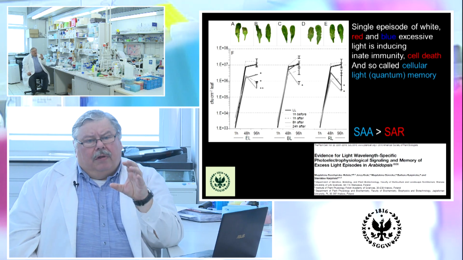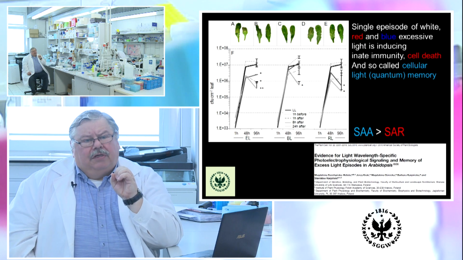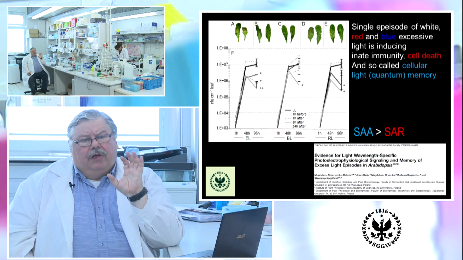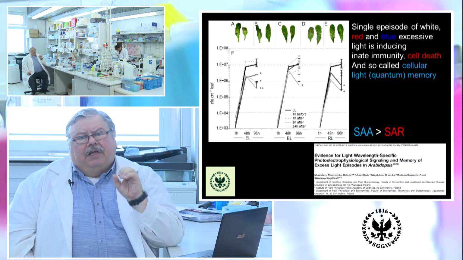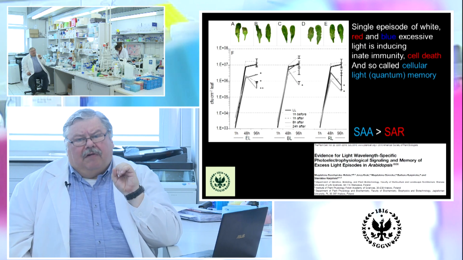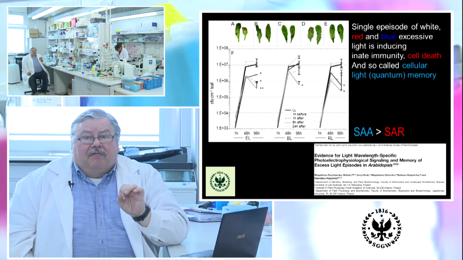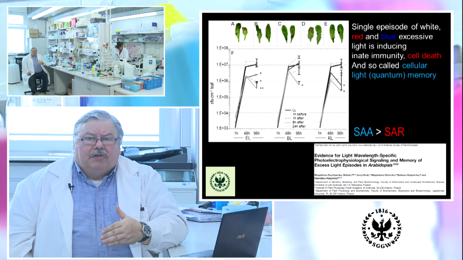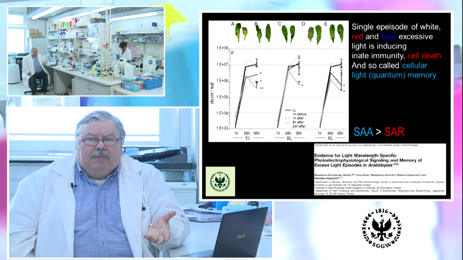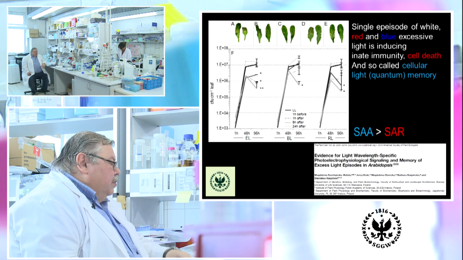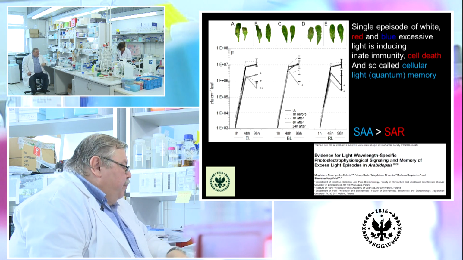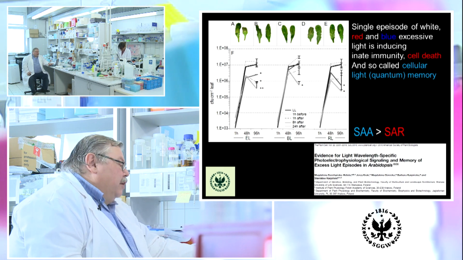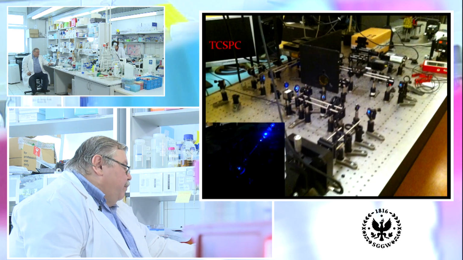However, when we shone excess light on the rosette for 1 hour, and then the plants returned to low light condition and were infected 1 hour, 8 hours, or 24 hours later, they got resistance towards the virulent pathogen. So the virulent pathogen became avirulent because the innate immunity level was induced in Arabidopsis. So in fact, systemic acquired acclimation is able to induce systemic acquired resistance. This is a very important finding.